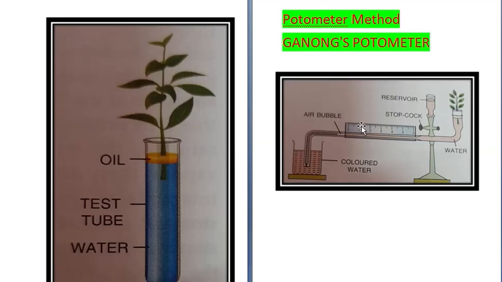A bubble will come into this. Note down the first initial reading where the air bubble is present, and after some time again note the position of the air bubble. The air bubble would have moved from here to here, so that shows that this much water has been lost due to transpiration. So this is the way transpiration can be measured.